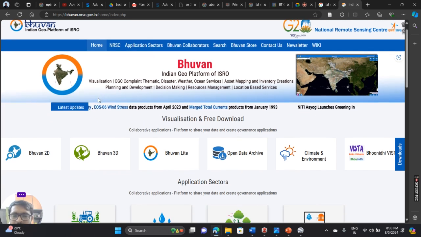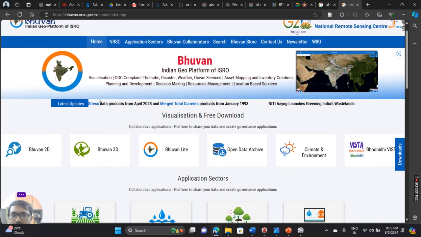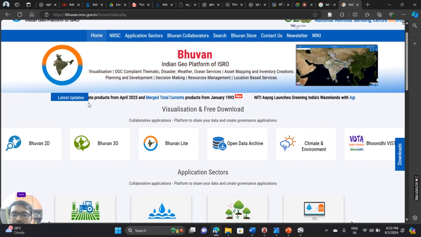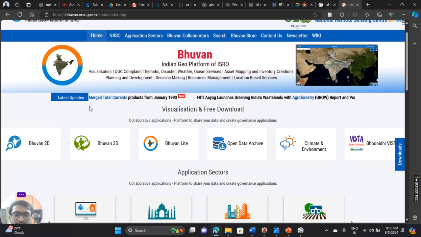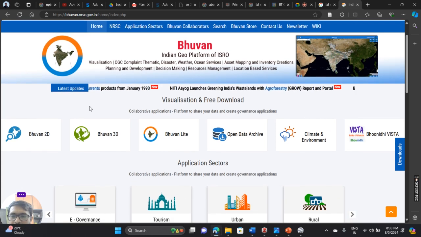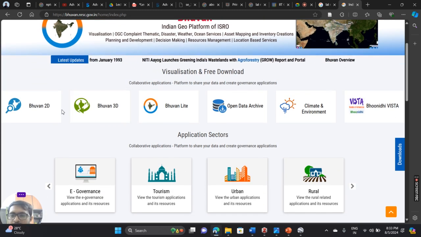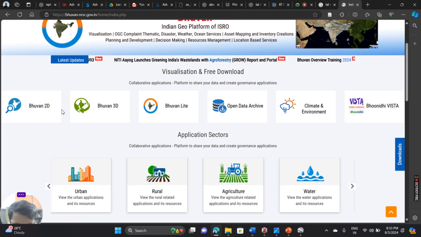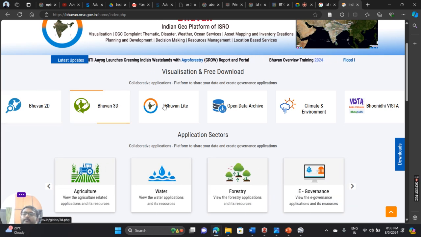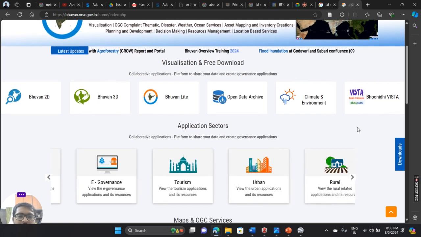Here, in updates, it shows the products that are available recently. Then you have BHUVAN 2D, 3D, Lite, Open Data Archives related to climate and environment, and BHUNIDHI. So those things you have.